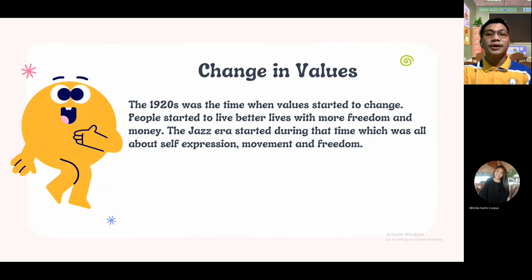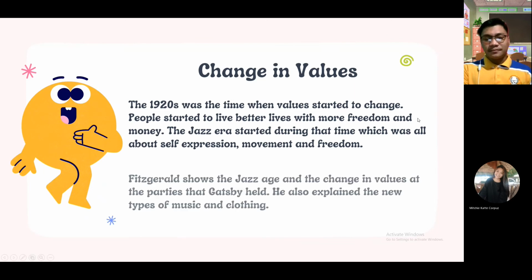The jazz era started during that time, which was all about self expression, movement, and freedom. In the novel, Fitzgerald shows the jazz age and the change in values at the parties that Gatsby held. He also explained the new types of music and clothing.